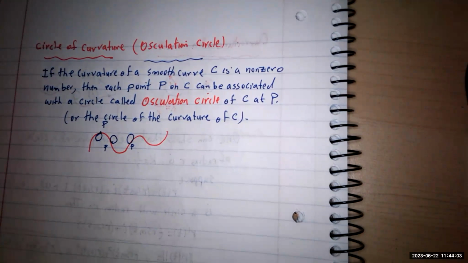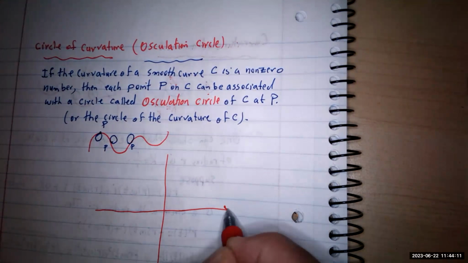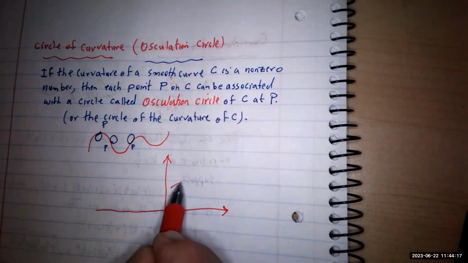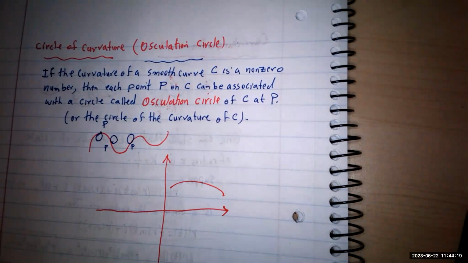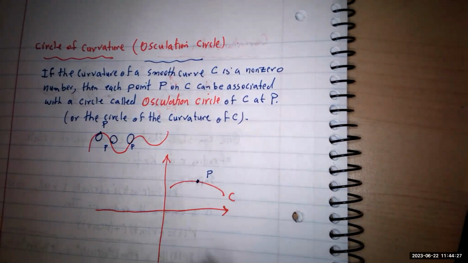So we would like to get the equation of a circle. This is how we are going to get it. If you consider the curve, this is going to be your curve C, and this is the point P that you are interested in.